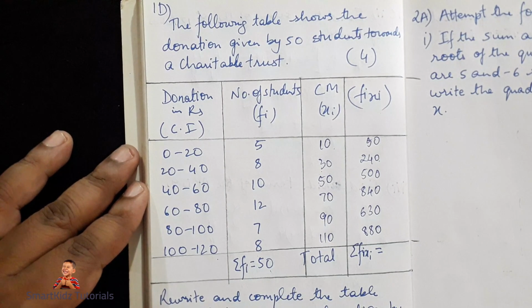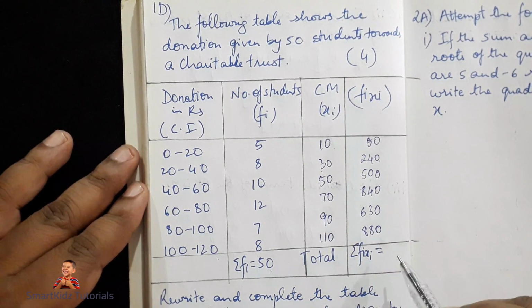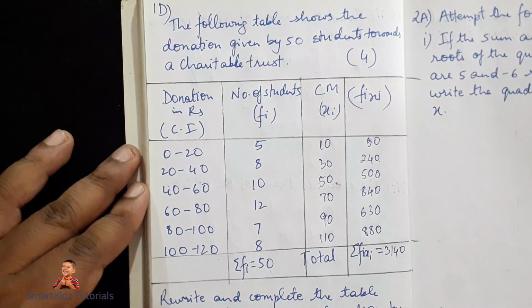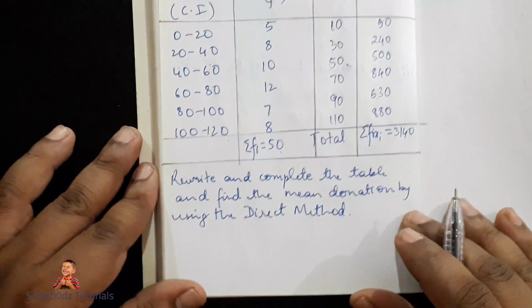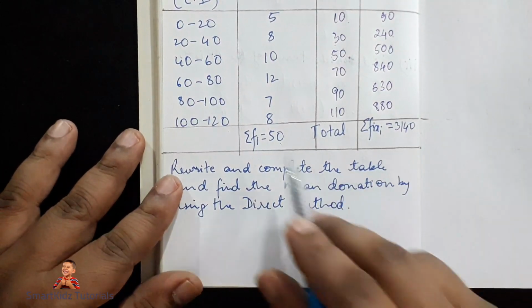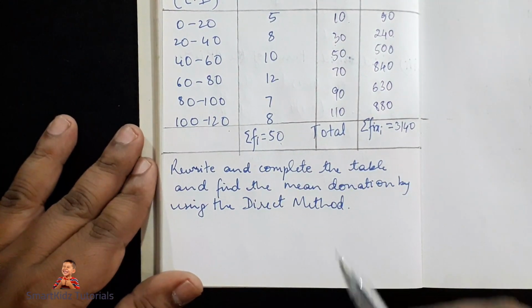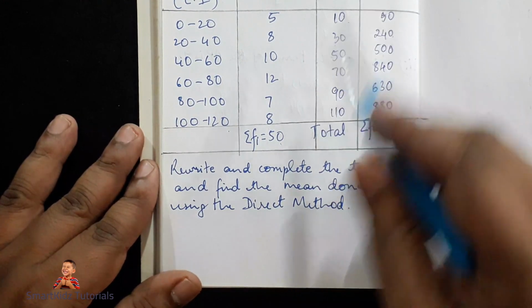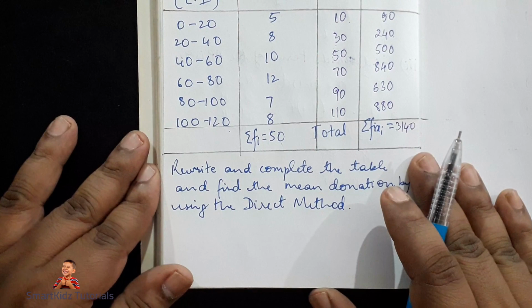Fine. Now we need to add all of these. When we add all of this, what we get is 3140. After we get this value, we need to use the direct method to find the mean for this data that is given.